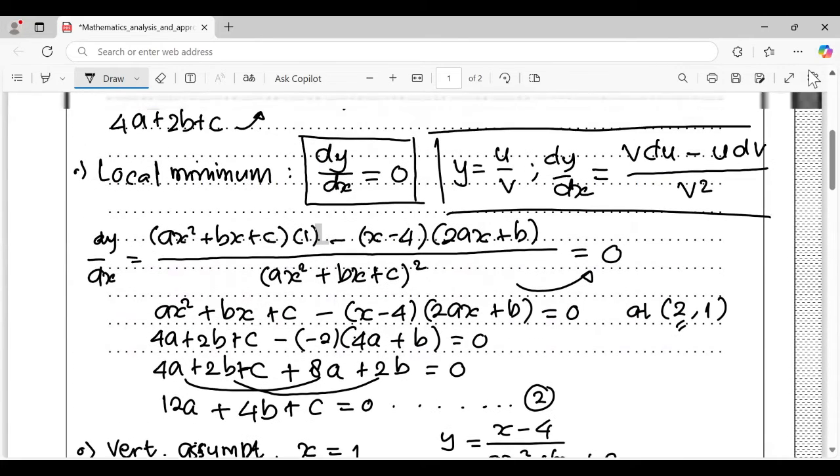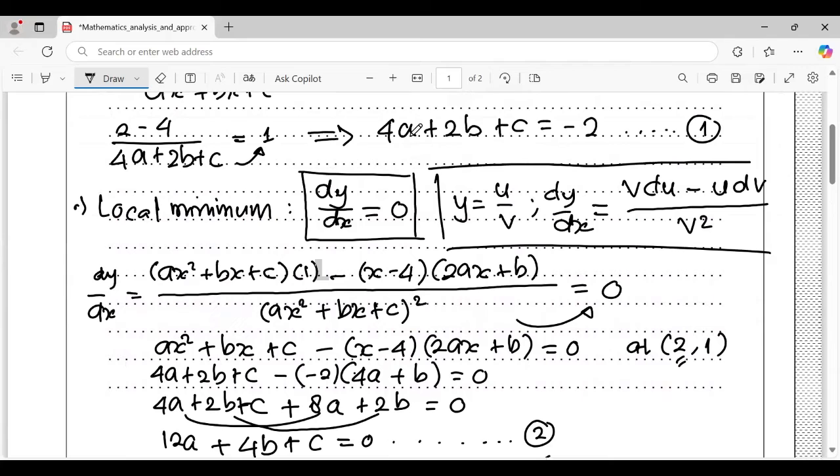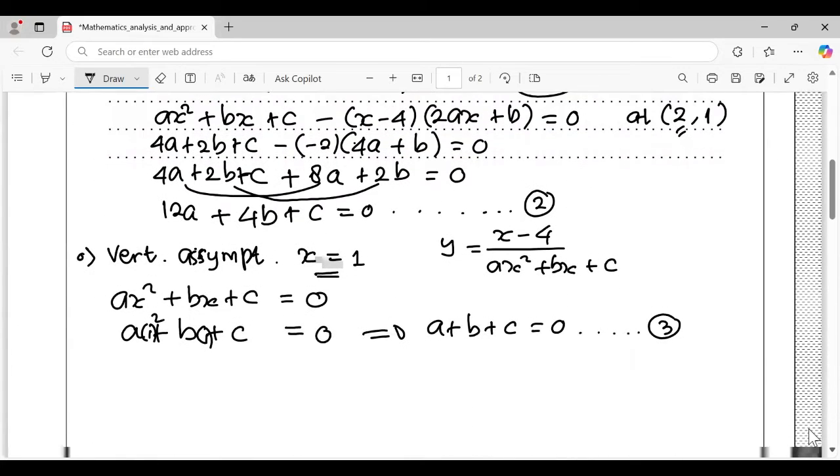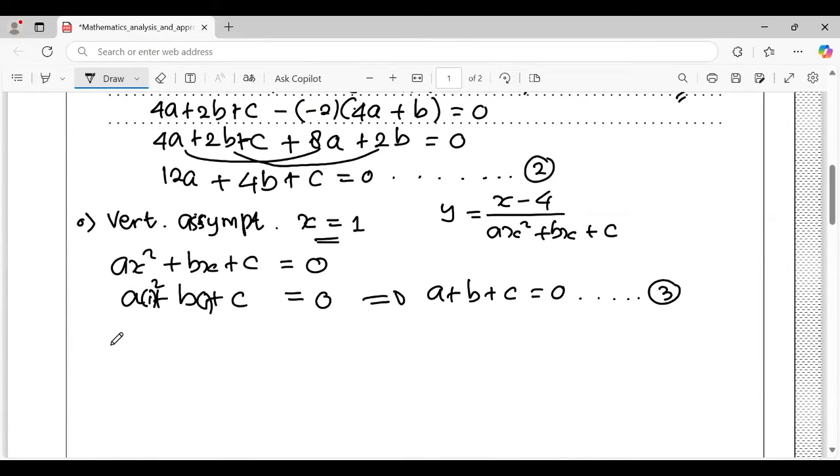I'm going to look at the first equation: a plus 2b plus c equals minus 2. This is the first and second equation.